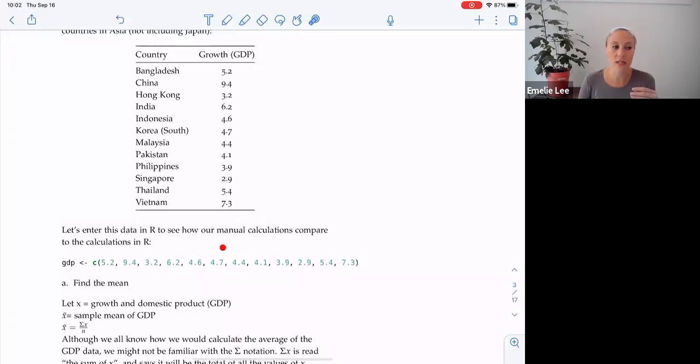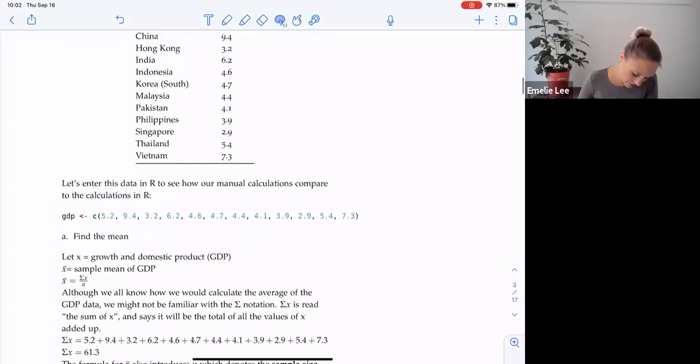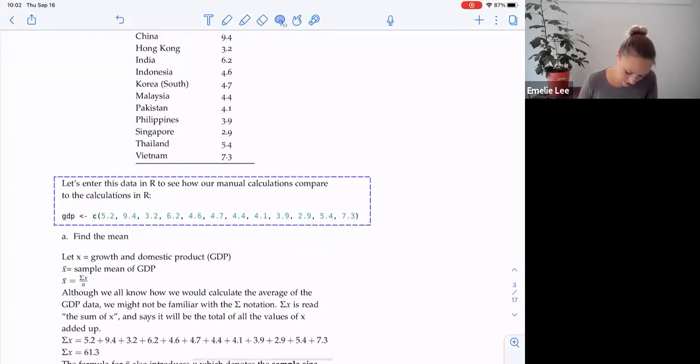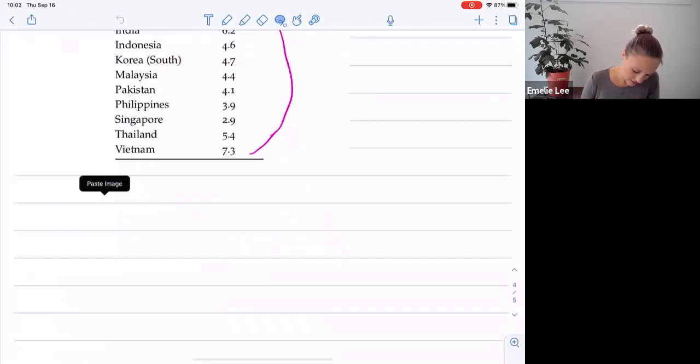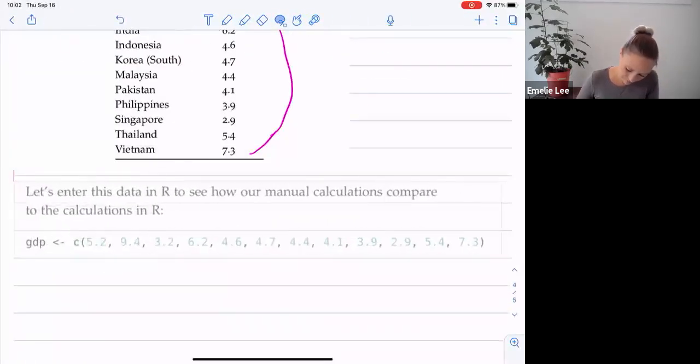So the first thing I want to do is just show you the easiest way to enter this data into R. You don't have to be doing it now, but just so you can see what's going on here.